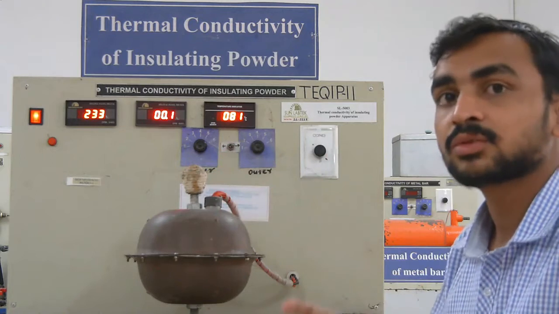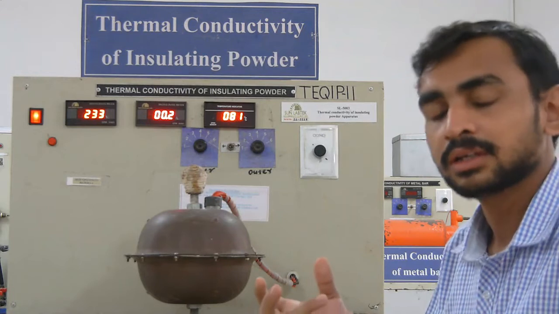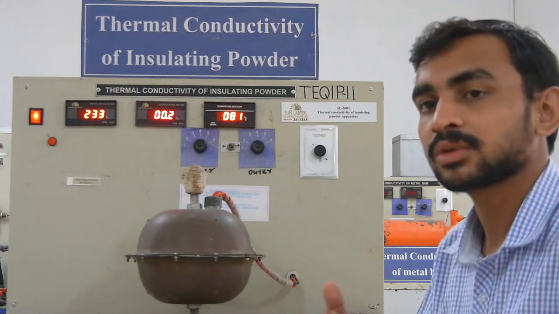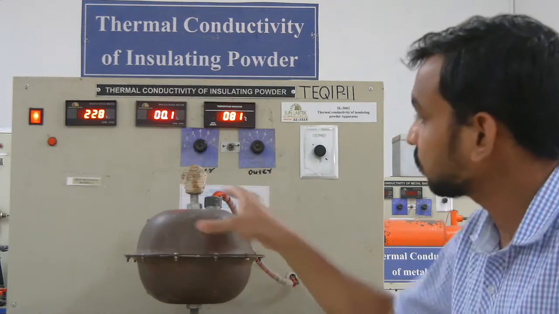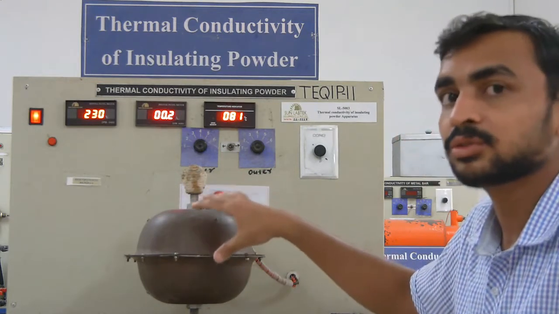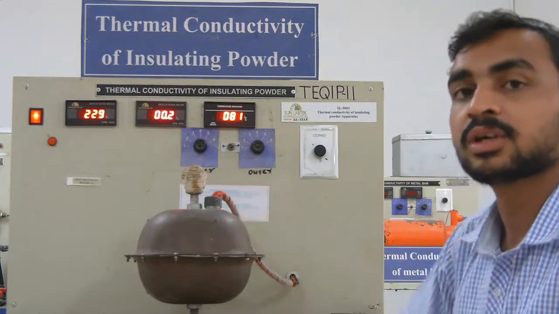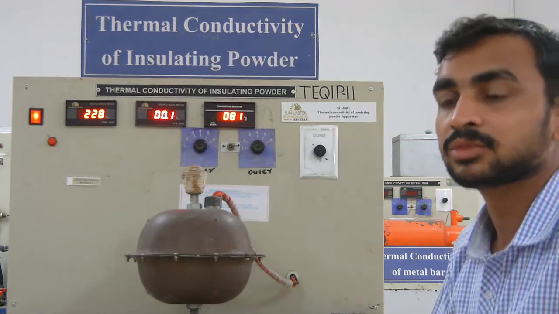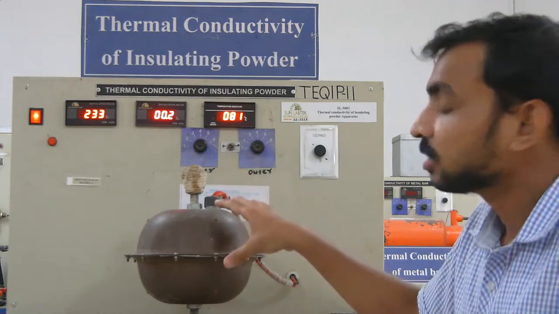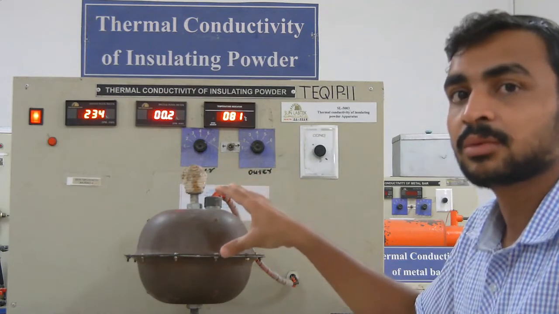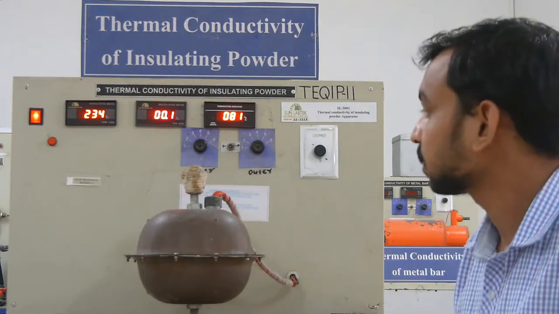This consists of two concentric copper spheres. The outer sphere, which you are seeing in the equipment, has a diameter of 200 mm, and the inner one has a diameter of 100 mm.